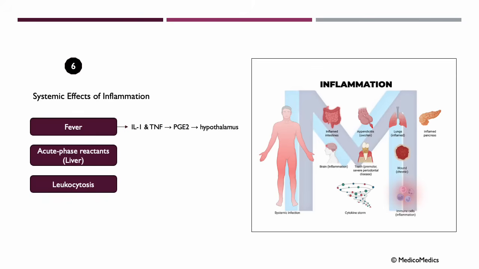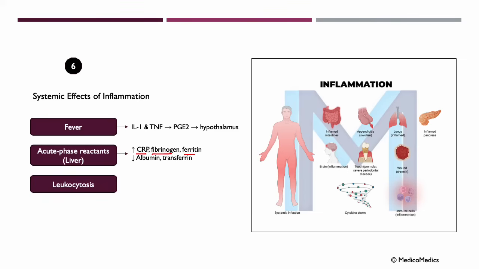Now, next we have acute phase reactants. Here the key proteins are CRP, fibrinogen, and ferritin. Now, CRP, which is C-reactive protein, rises rapidly in inflammation, and we use it to monitor disease activity, for example, in rheumatoid arthritis or infections.